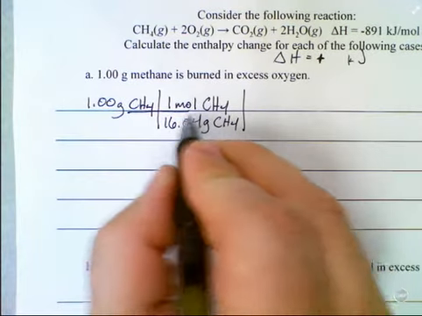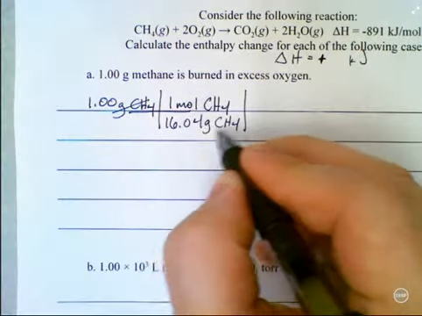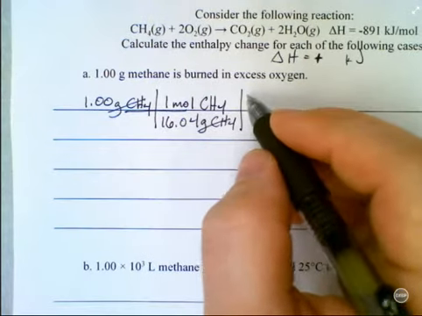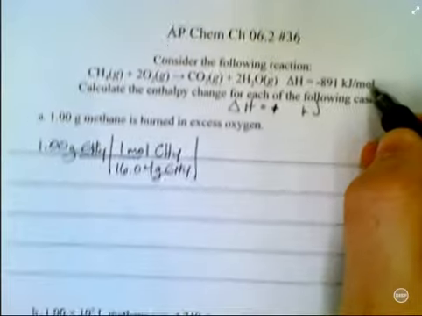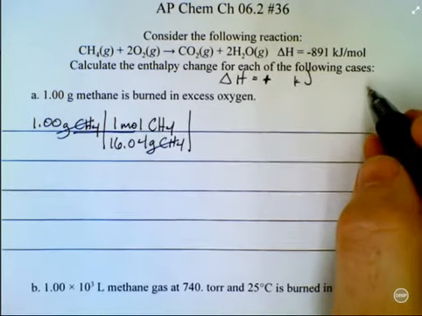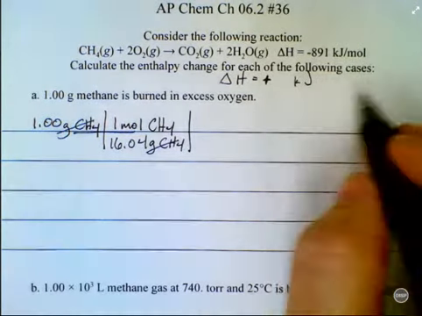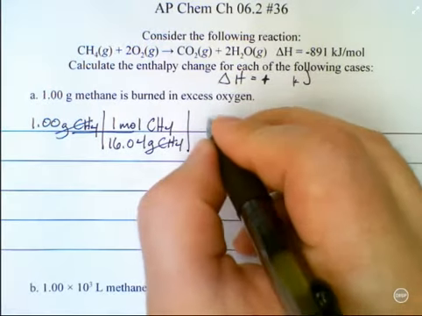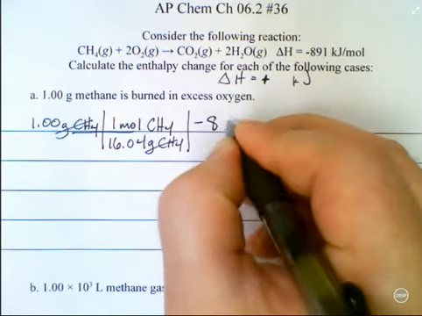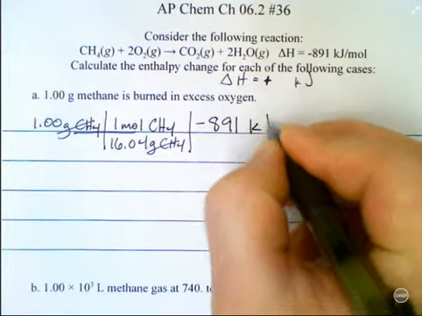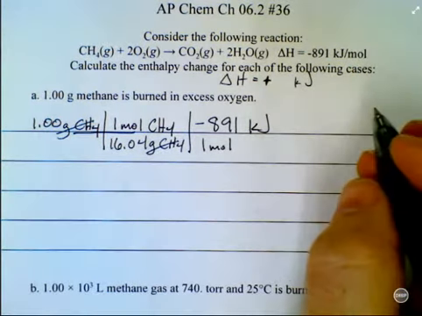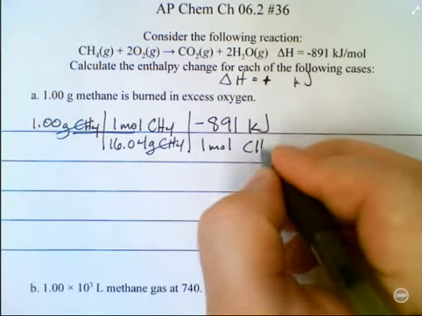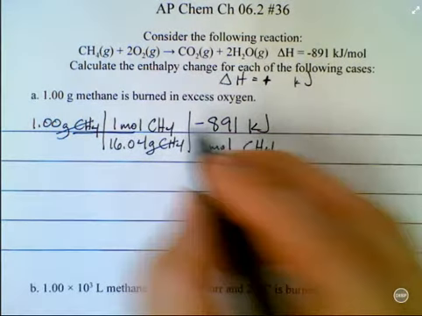Now that this calculation will be in moles because the grams of methane will cancel, I can now use this term to calculate the enthalpy change here. Let's see, so I'll go negative 891 kJ per 1 mole of CH4.